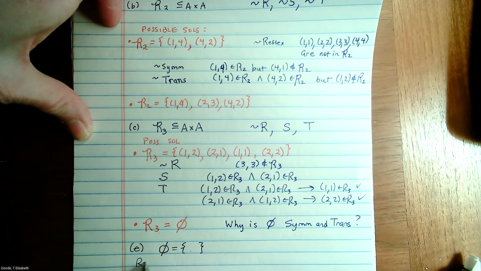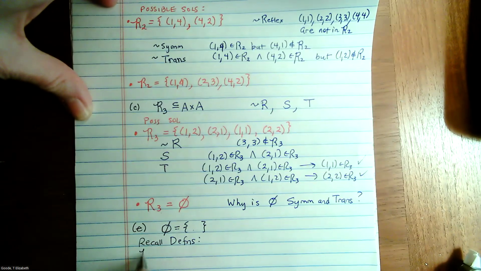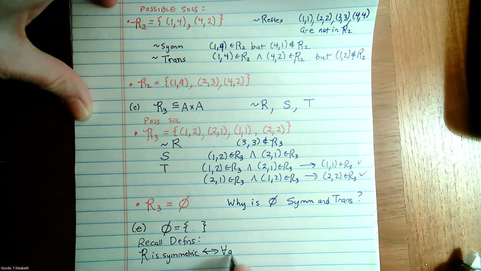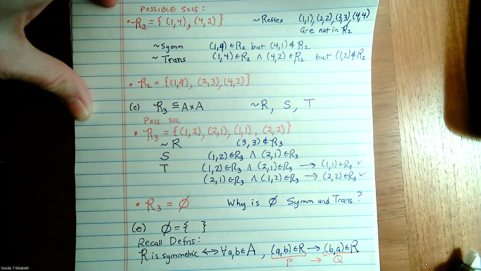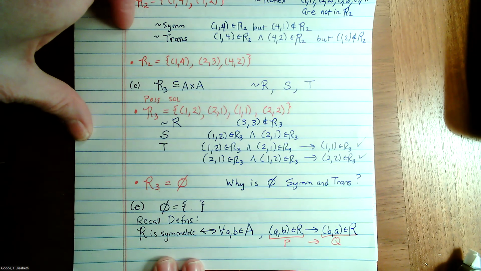So let's just recall the definition of symmetry. R is symmetric means for all elements little a and little b in the underlying set A, if (a,b) is in R, then (b,a) has to be in R. This is like if P then Q. That has to be satisfied in order for symmetry to hold.